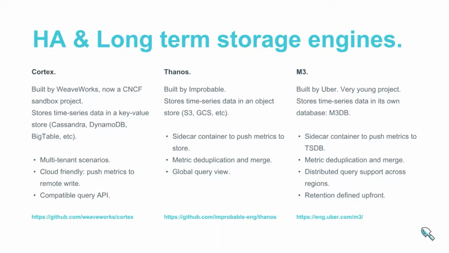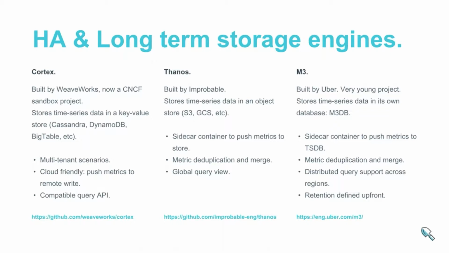Very recently, Uber released the solution they have been using internally. It's called M3, and it's still a very young project in the open source community. They have created their own time series database to store metrics, which is called M3DB.